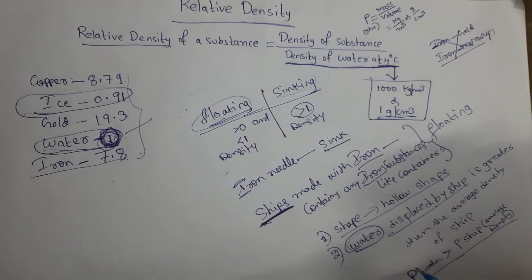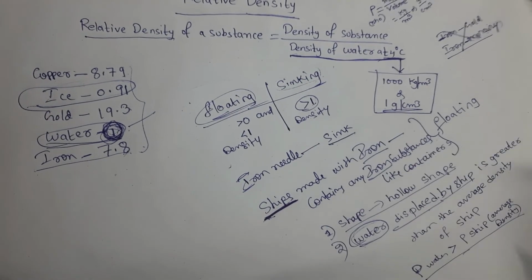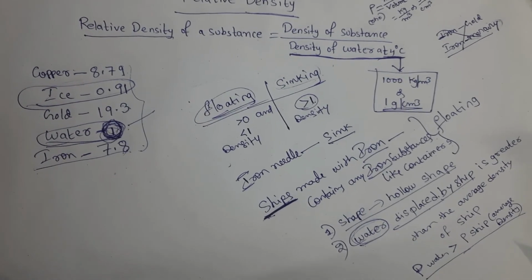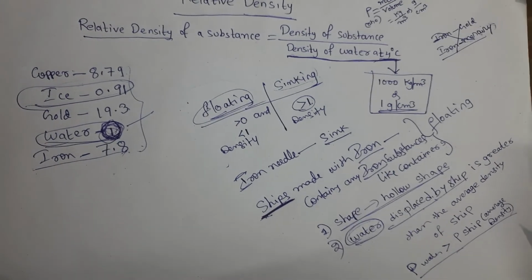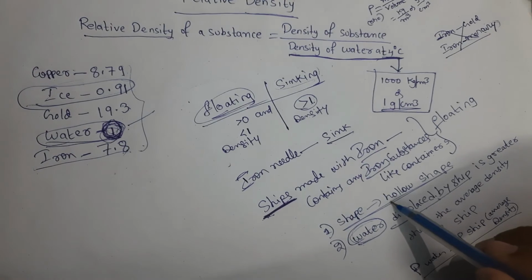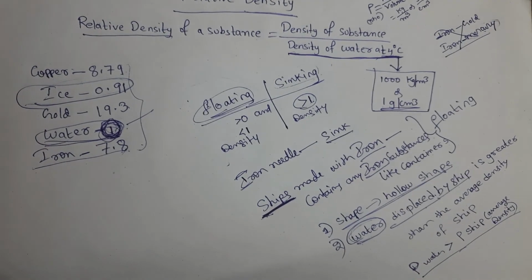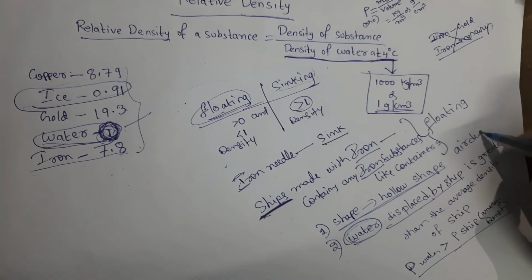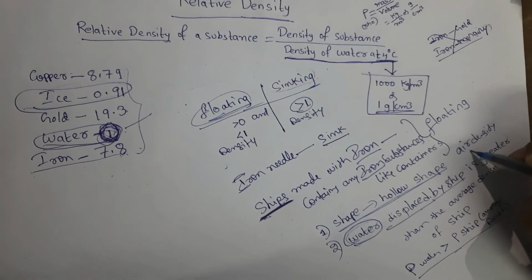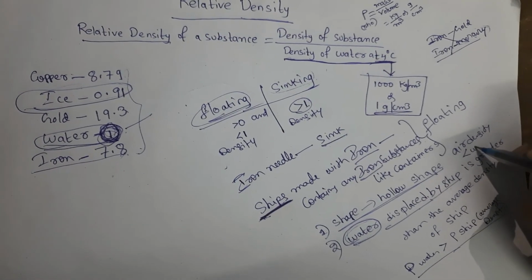And sometimes you can see that if water enters the ship, it will sink, because I already told you they are hollow in shape. The space in the ship will be occupied by air. Air's density is less than water.